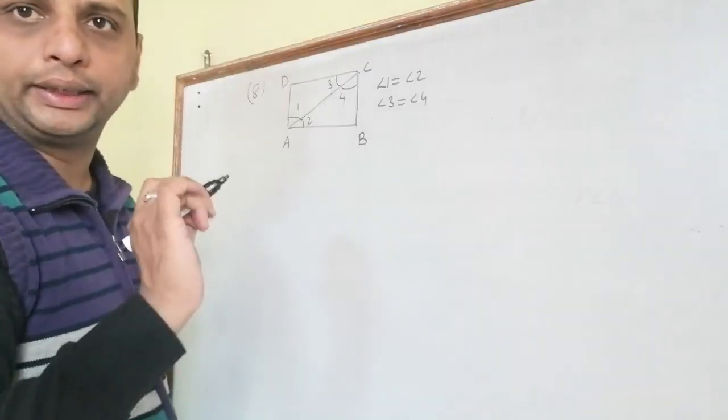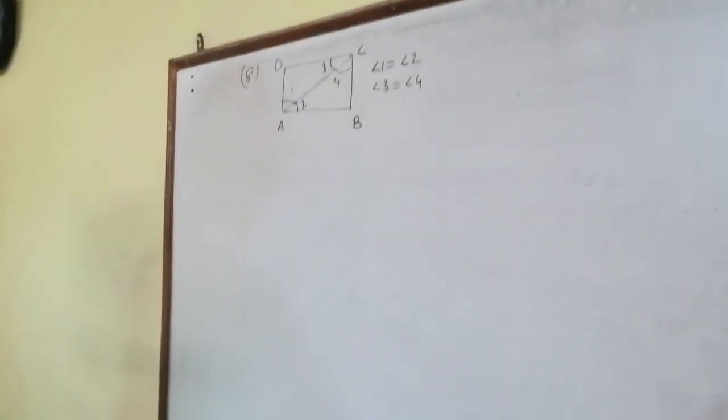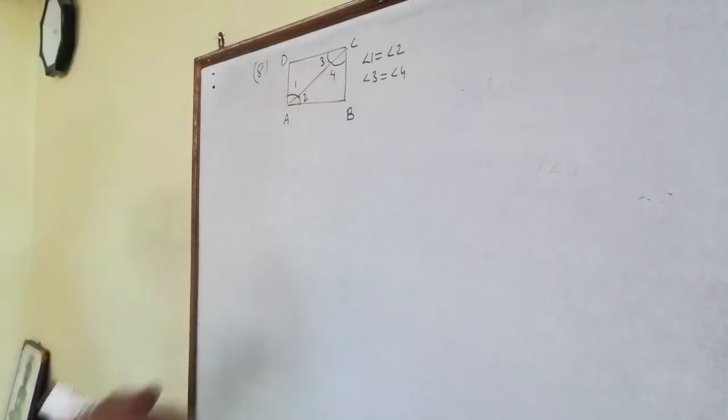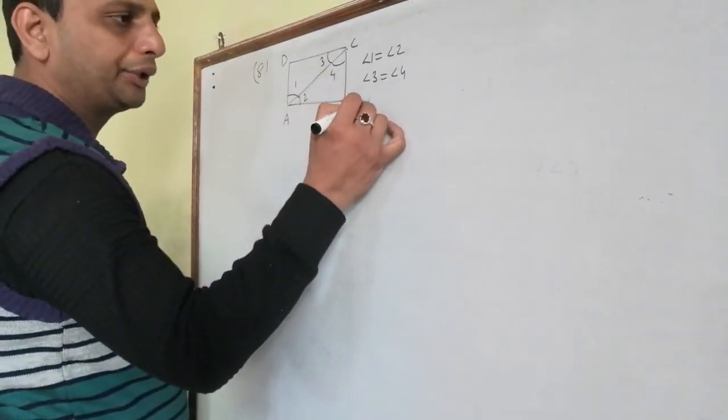When it bisects angle A and C, that means these two angles are equal, and along with that it is given that ABCD is a parallelogram. ABCD is a rectangle.